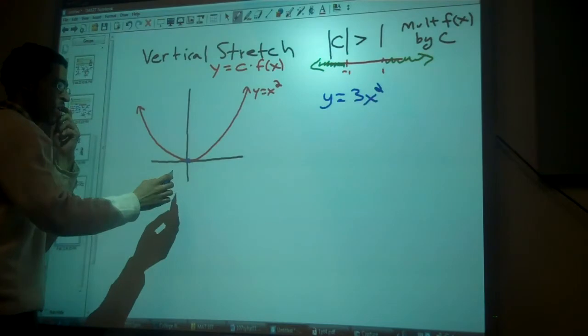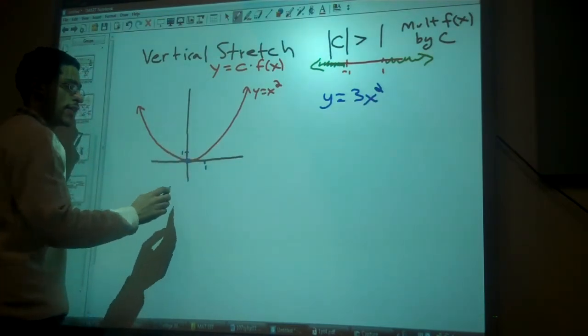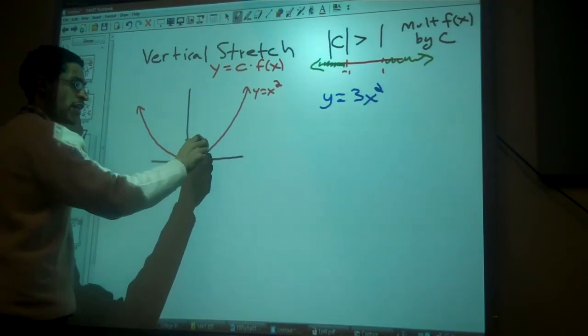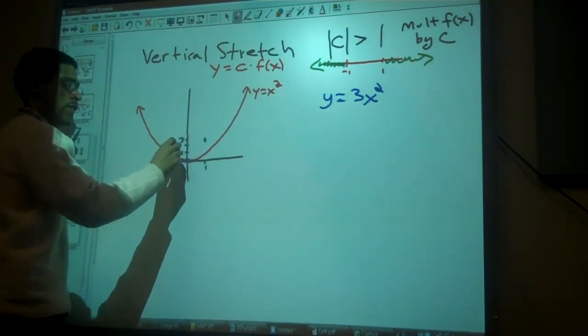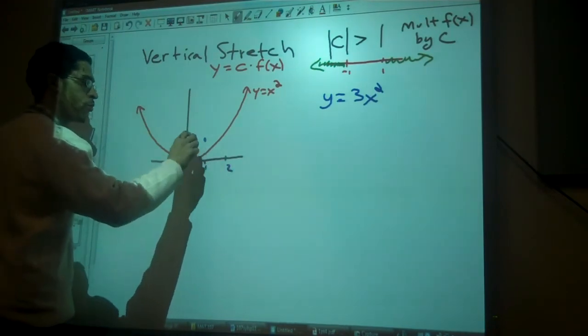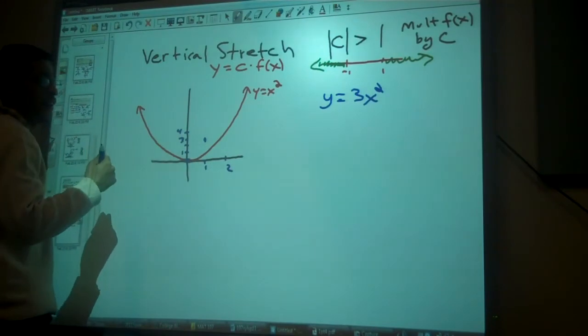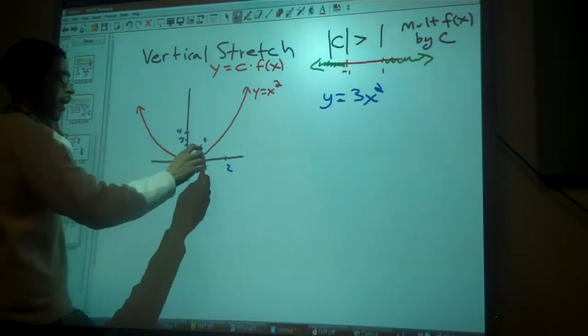And so, when I used to be at 1, 1, now I'm at 1, 3. When I used to be at 2, 4, now I'm at 2, 12.